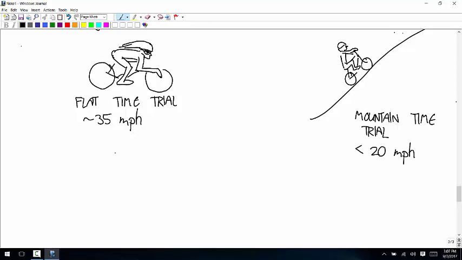And that difference in speed is enough that, in one case, aerodynamics is the number one factor in determining how fast they go. And in the other case, aerodynamics is almost not a concern. It's way, way down in the list of concerns. And that's just because of the speed.